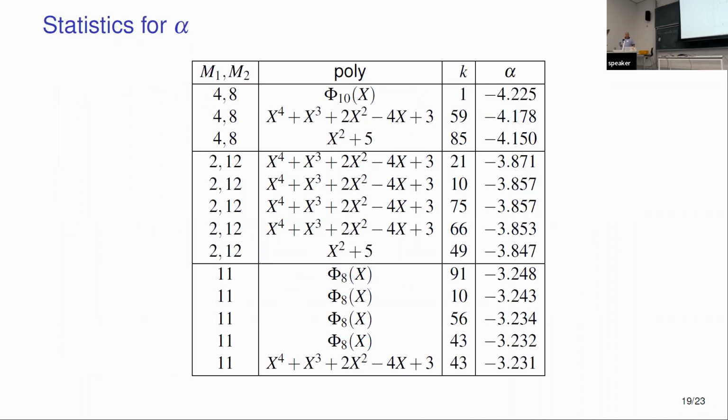Okay, statistics for alpha. You see, I take these big values of M1 and M2, and I looked at some polynomials defining number fields, and they are generally related to cyclotomic fields or quadratic fields. It's much easier. K is the K for iterating G. And you see pretty good values of alpha, with a strong bias toward cyclotomic fields, which I don't completely understand.